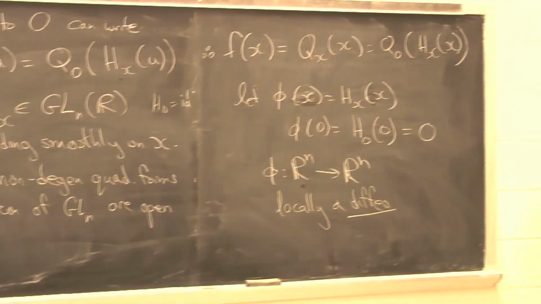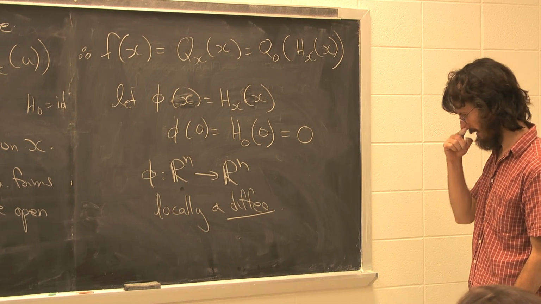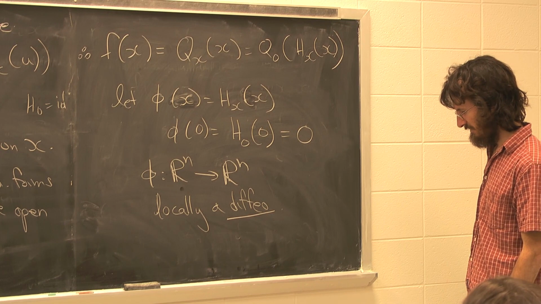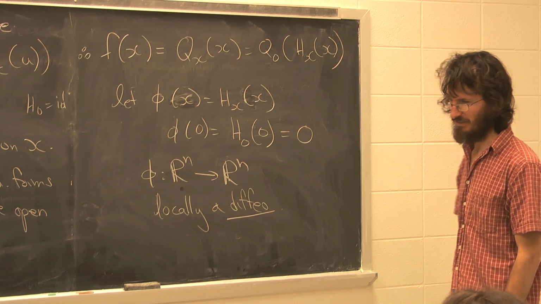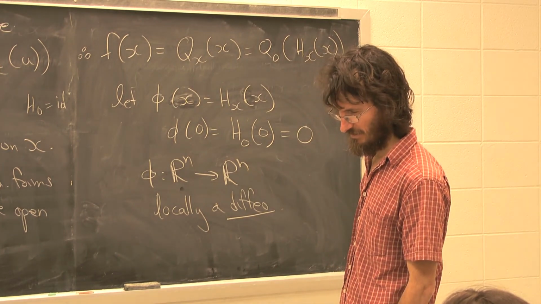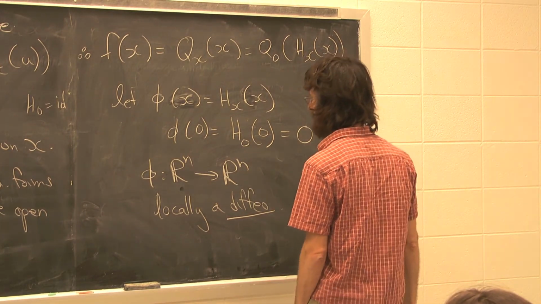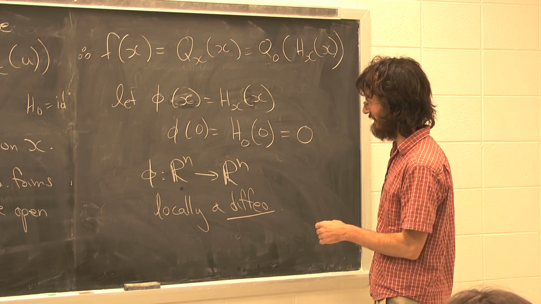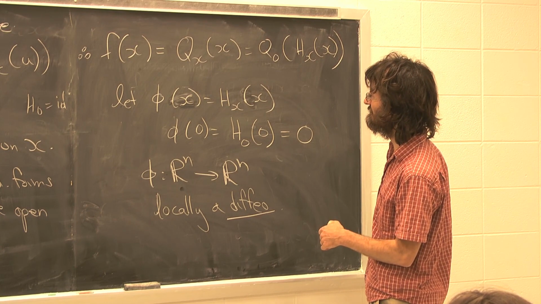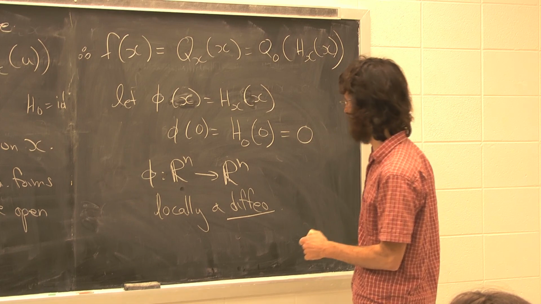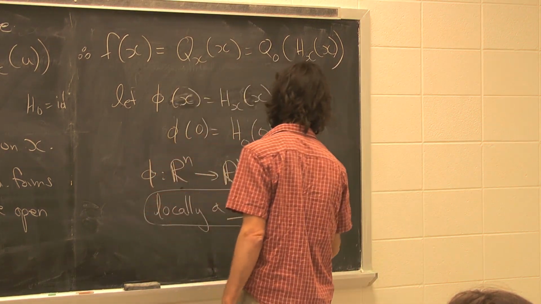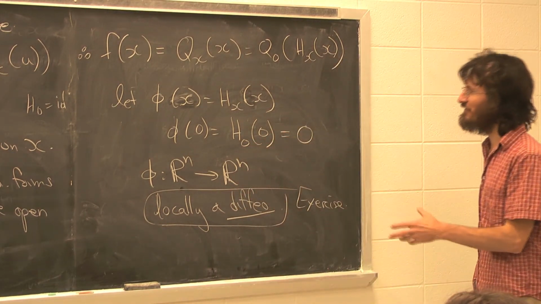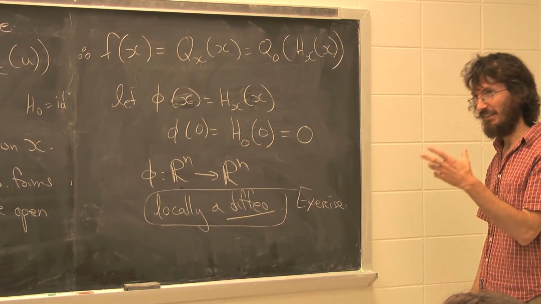And the way to see that it's locally a diffeomorphism is actually just to see that h sub x is a linear isomorphism.